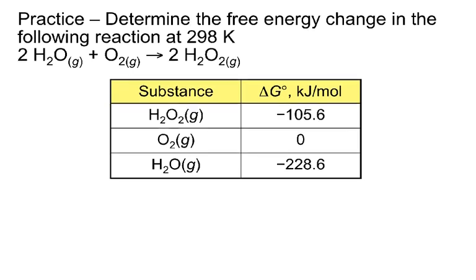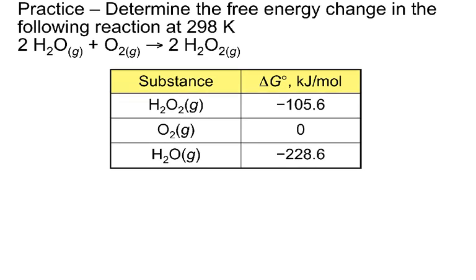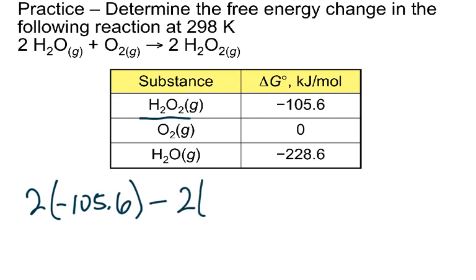Back to our formation of hydrogen peroxide, determine the free energy change at 298 Kelvin, and now we're given the standard Gibbs free energy of formation. So we'll take 2 times our product of peroxide minus 2 times our reactant that has a number.